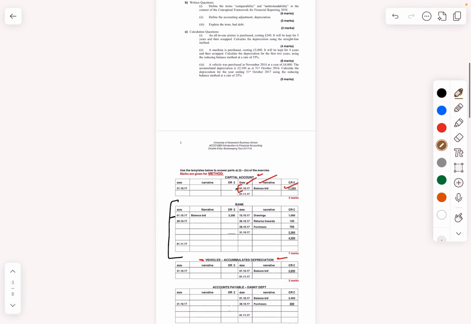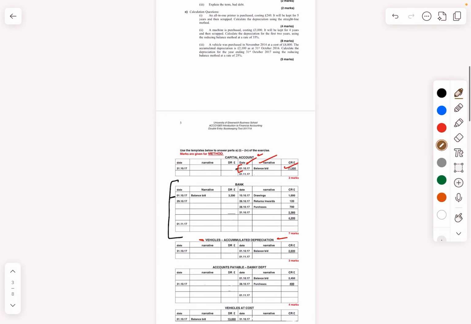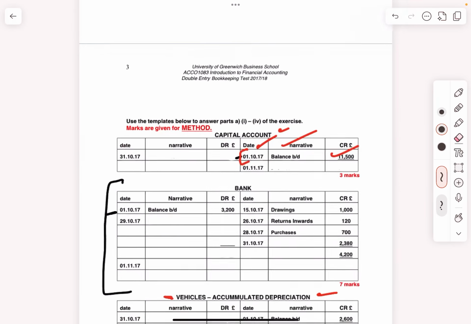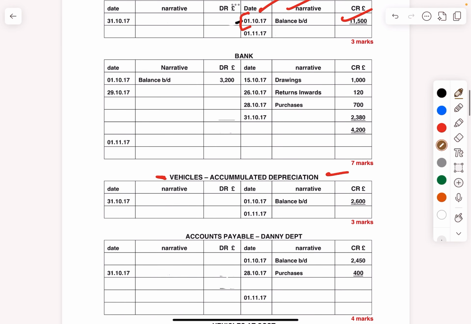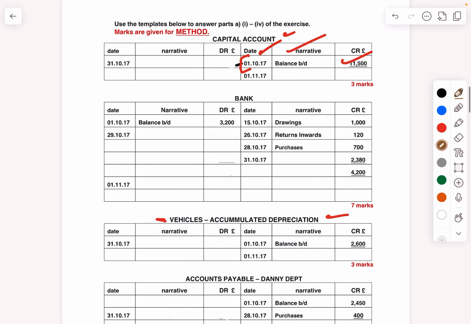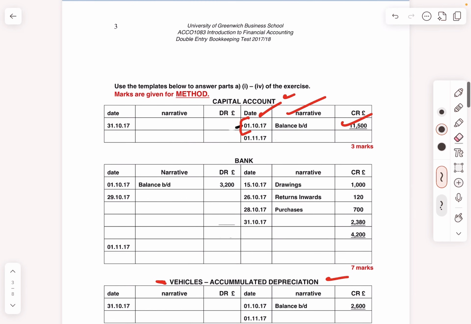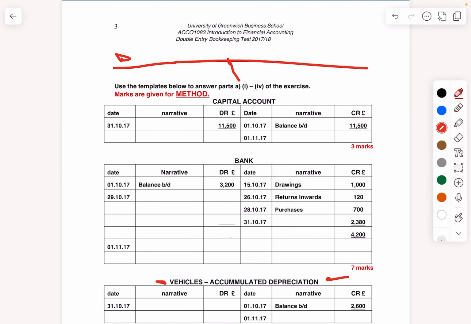Now I'm gonna explain how we close the account, what is the balance carried down and what is the balance brought down. Okay, bear with me, guys. Now we have something similar to this transaction, but we have to close the account. In order to close the account, debit and credit have to be equal, the debit side and credit side.